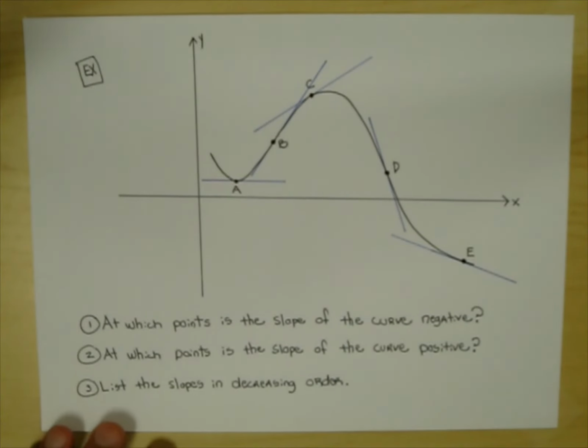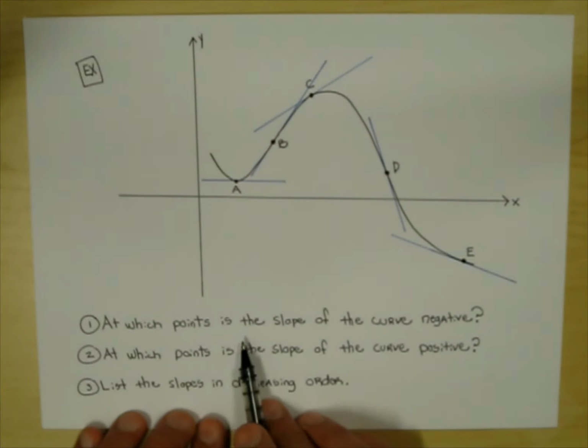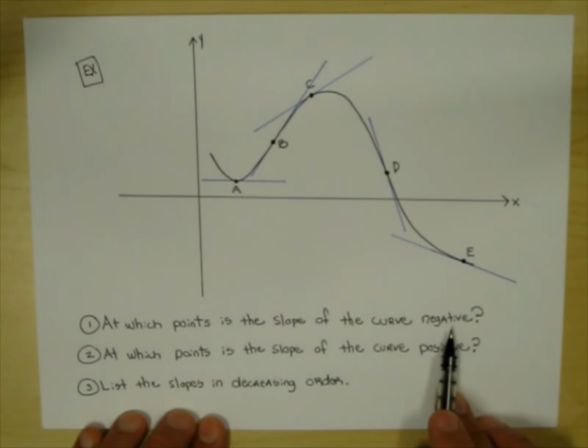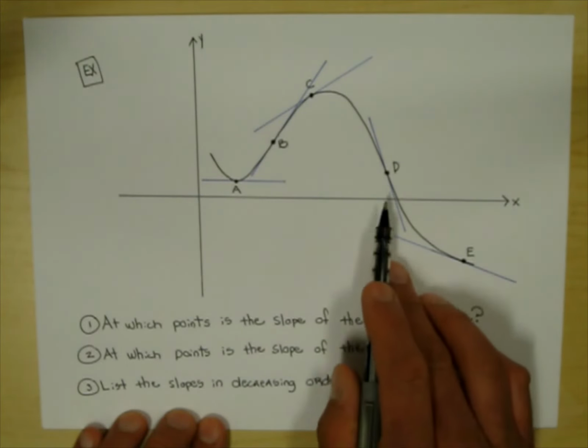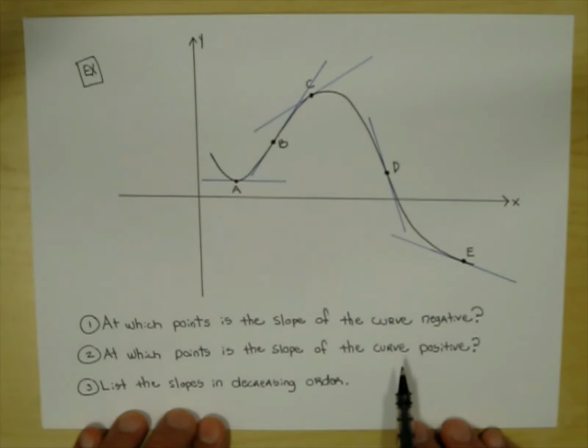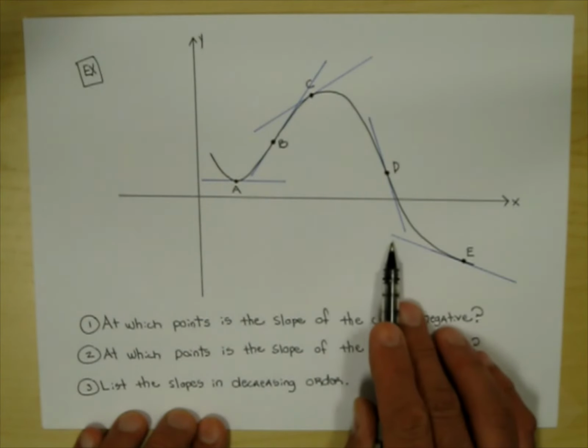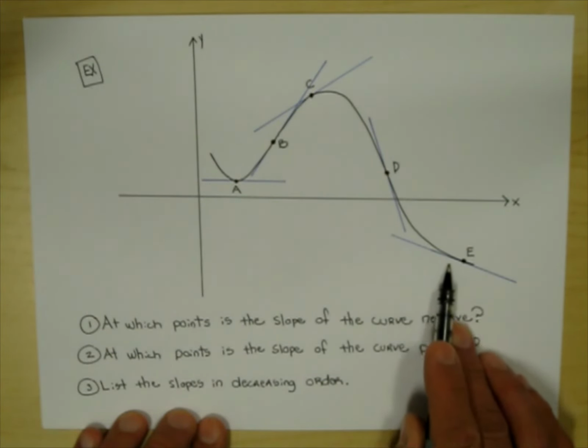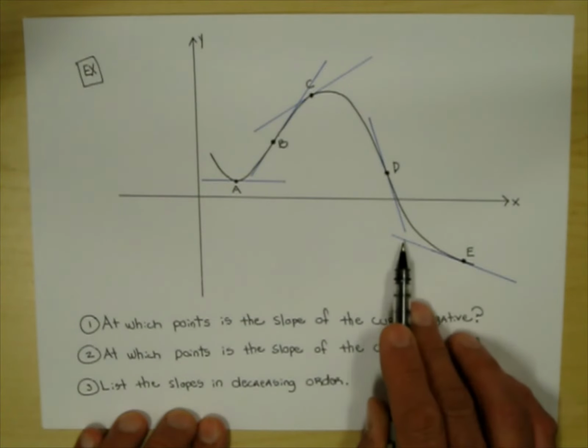Okay, so at which points is the slope of the curve negative? That means as you read the tangent line, there are 5 tangent lines there, and as you read it from left to right, you are going down. Look at this one right here. As you're reading from left to right, it's going down. It has a negative slope.